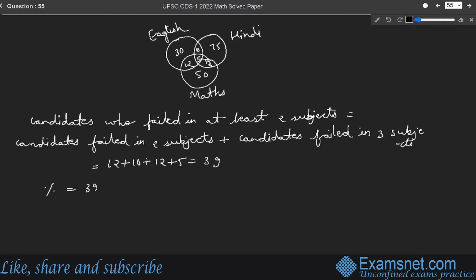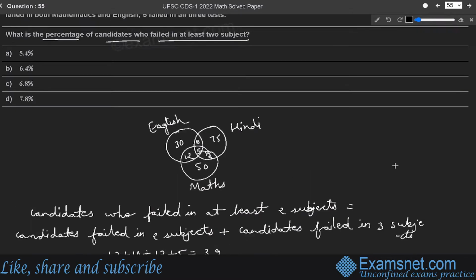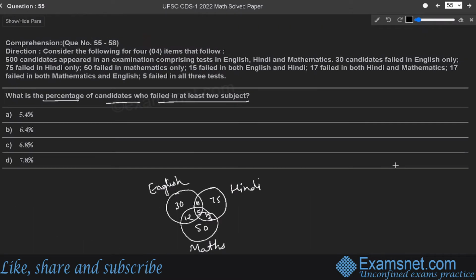So it will be 39 upon 500 into 100, which gives 39 into 1 by 5, which gives 7.8 percentage. So this is the correct percentage for the number of candidates who failed in at least 2 subjects. So correct option is option number D, which is 7.8.